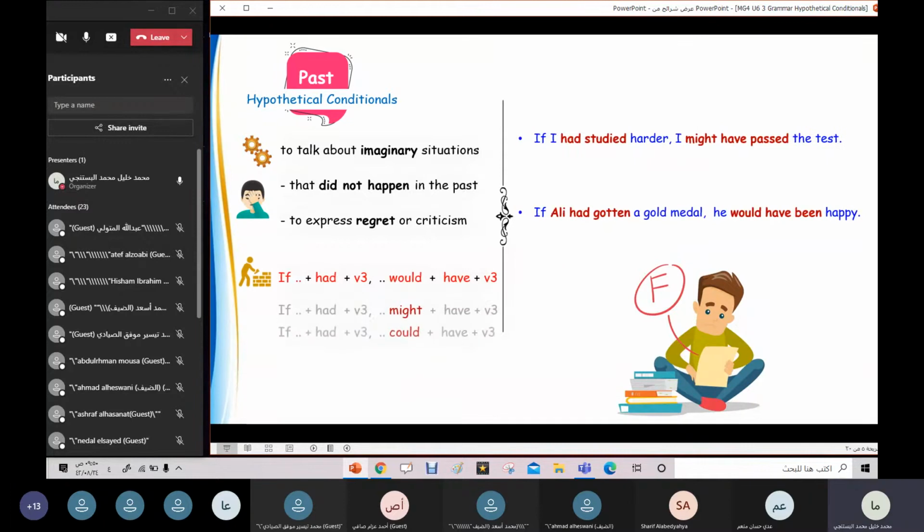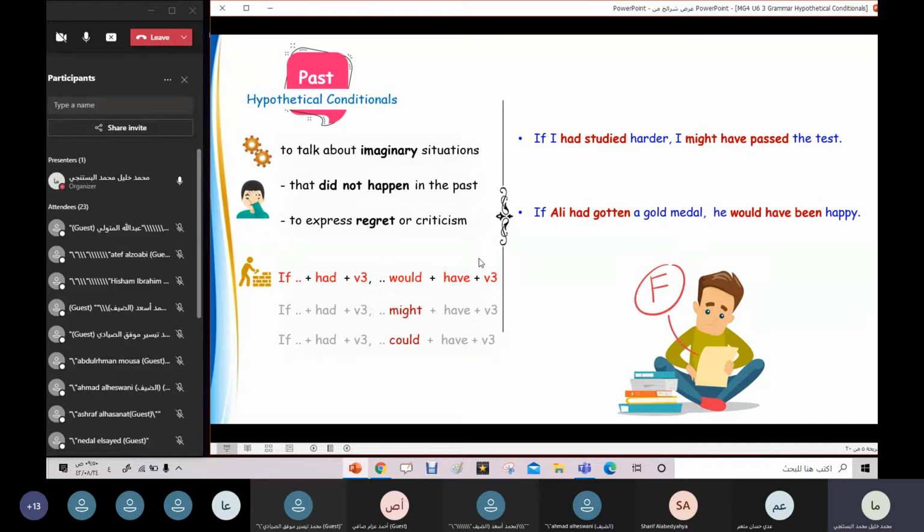Now here is the form of the past hypothetical conditions. Here we are talking about the past, to talk about imaginary situations that didn't happen in the past. Sometimes we express regret or criticism. We use if plus past perfect, had with verb 3.